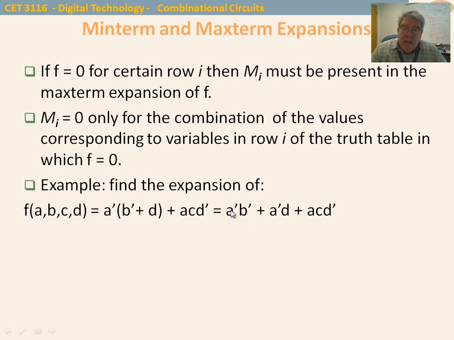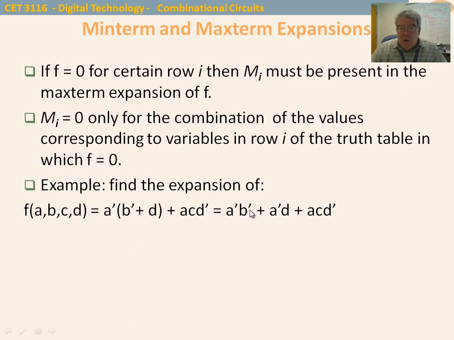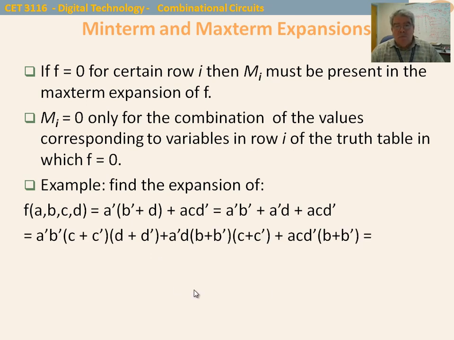Well, because we have C and D variables, we need to provide this term together with all possible combinations of C and D. So in other words, for each one of these two-variable terms we will have 4 terms. 4 here as well. And in this case, we need to complete with the two possible forms of the variable B, B naught and B. So here's the way in which we provide the expansion.